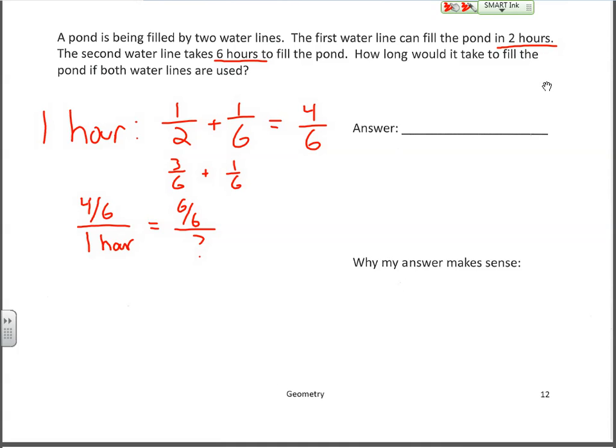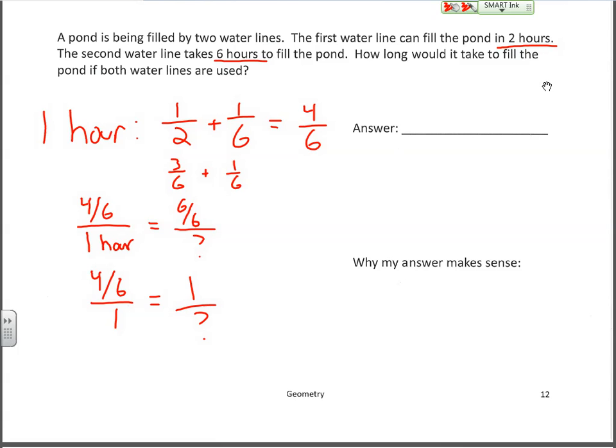You could write this as 4/6 over 1 equals 6/6 over how long, because that's what we're trying to find. You could write it as 4/6 over 1 equals 1, because 6/6 would be 100%, 1 full pond, over how long, okay?